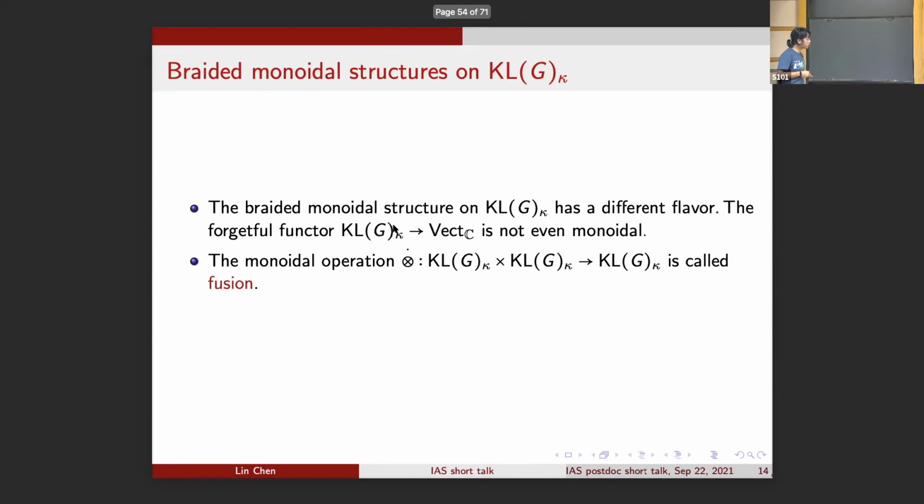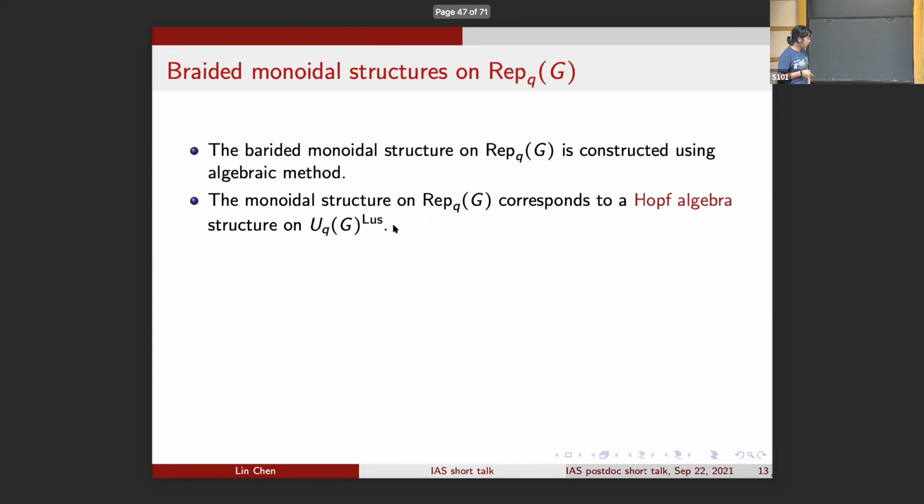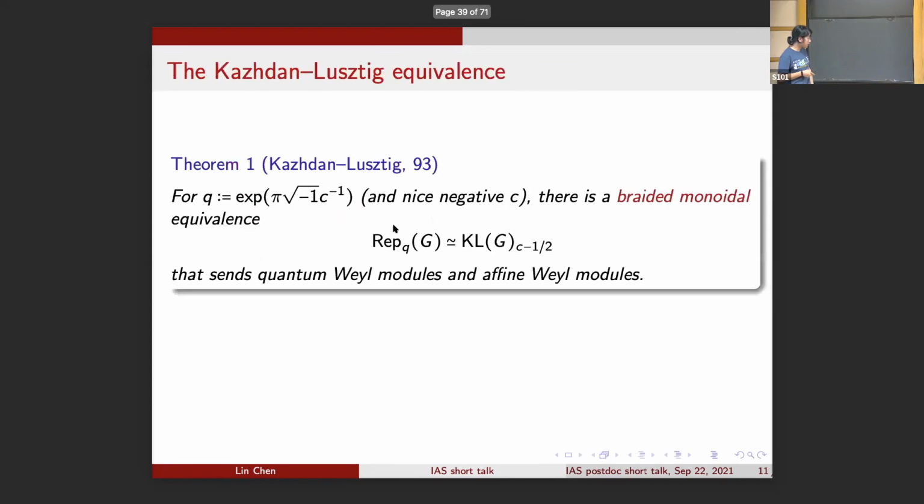These two categories are defined using different methods. On the quantum side, there's a topological way to study it, like using braiding. On the affine side, you can use an algebraic geometry way to study it, like the localization: you can localize it to the category of D-modules on something.